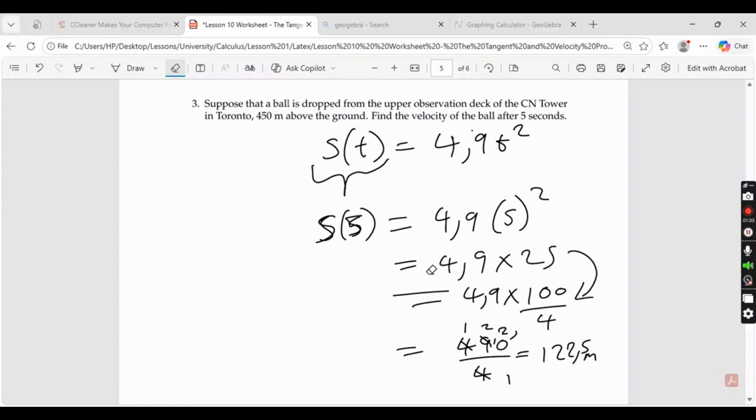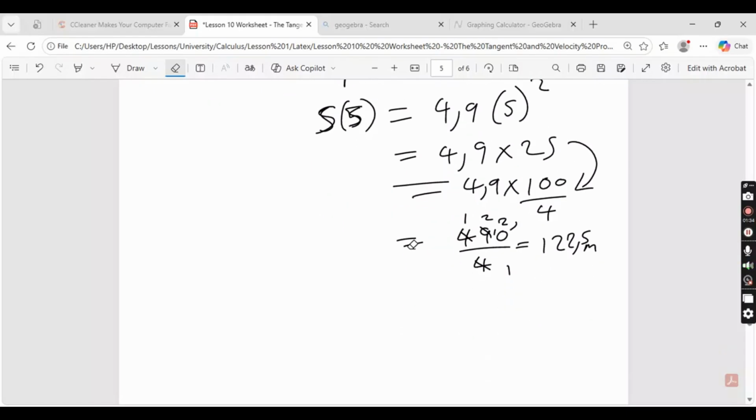We can use not the distance formula per se, but the gradient formula, like the speed. I mean, 450 minus 122.5 over 0 minus 5.